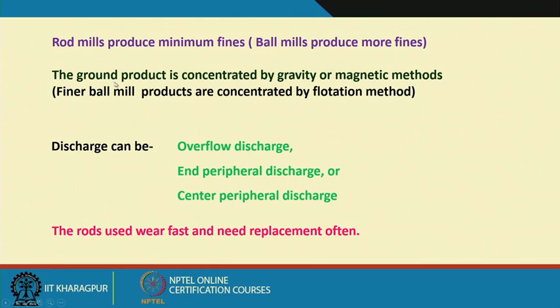Because the rod mill generates relatively coarser particles, the ground product is concentrated by gravity or magnetic methods. That means when the product is to be separated by a gravity concentration technique, using body forces, or based on magnetic property differences, we use a rod mill.